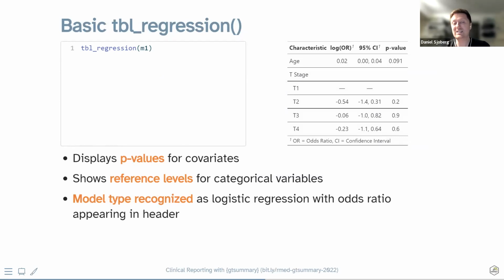As simple and easy as it can get, the tbl_regression function takes in the model object m1 that we just built, and you get the table on the right. Straight out of the box, there are a lot of things I love about this table.